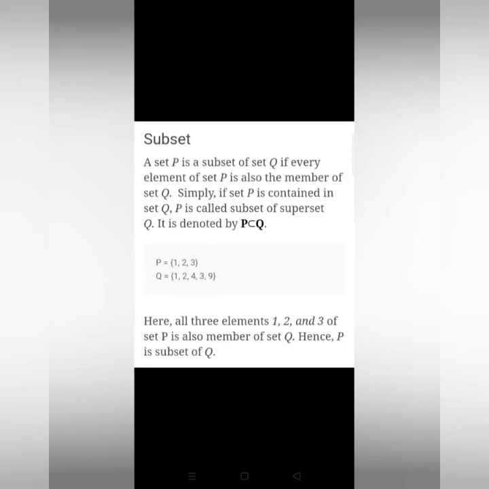Q is equal to 1, 2, 3, 4, 9. Here Q is a superset, P is a subset because all the elements of P occur in Q. Therefore, P is a subset of Q. It is denoted by P, that symbol, that is called the subset symbol, or contained in Q.